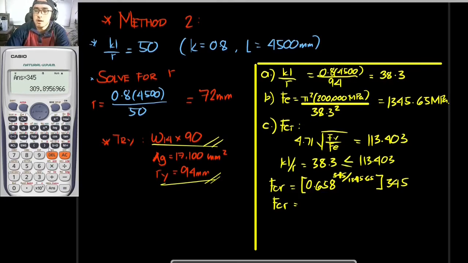So our Fcr would now be equal to 309.9 megapascals.